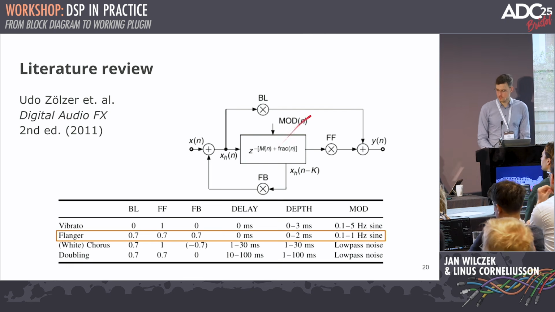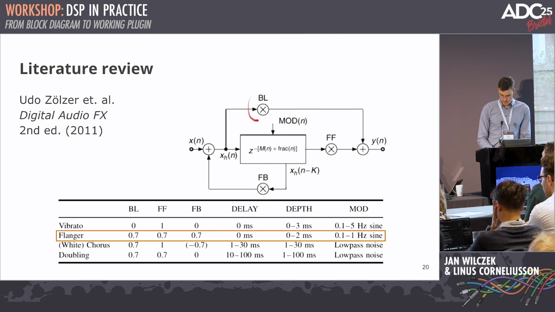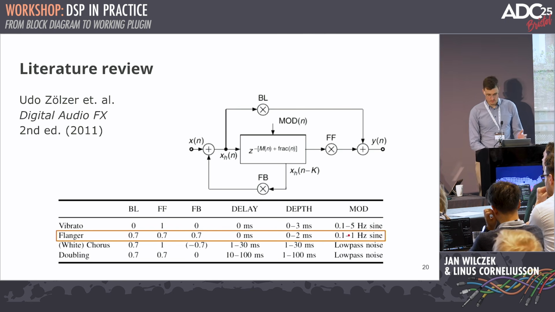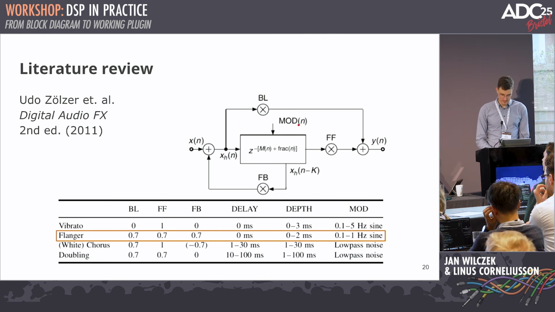And I remember the description doesn't go a long way to explain this. Apart from the diagram, we get this nice table which lists the coefficients, right? We have multiplication here, here, and here. And here are the values of these coefficients. And we also have some modulation. That's how it looks.